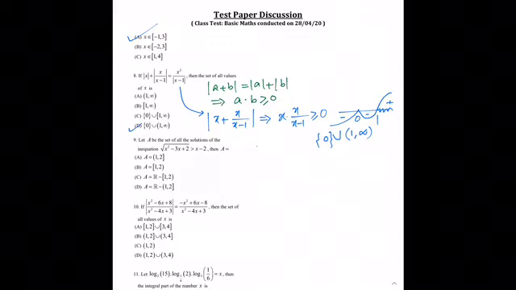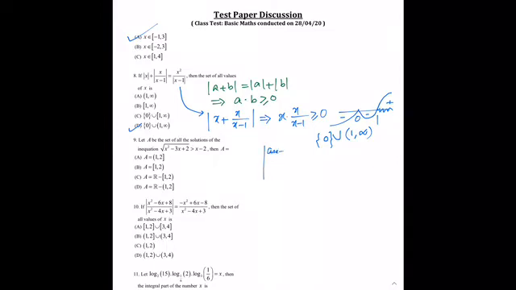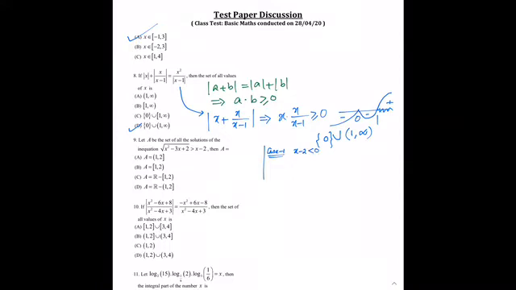I hope this is clear to everyone. Now case 1, if our x - 2 is negative, right hand side is negative, then square root of anything is always positive.